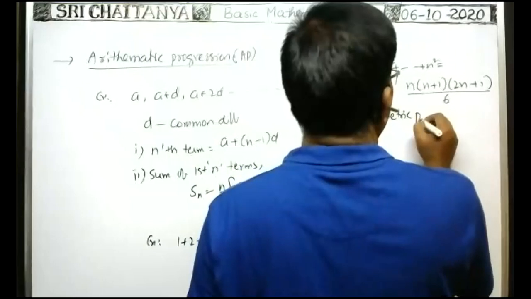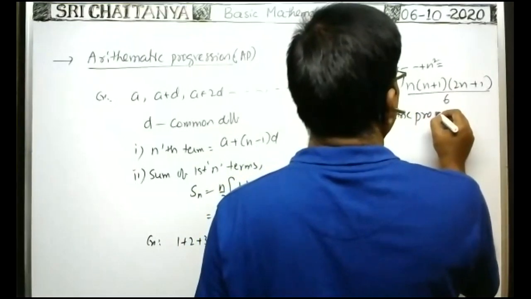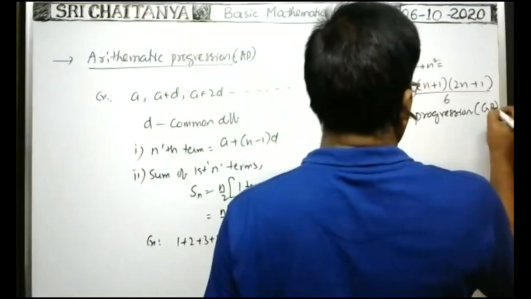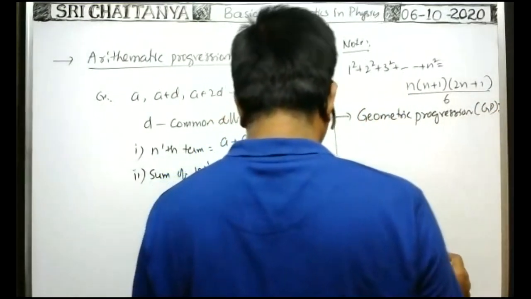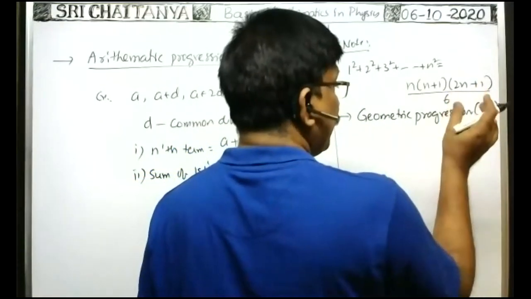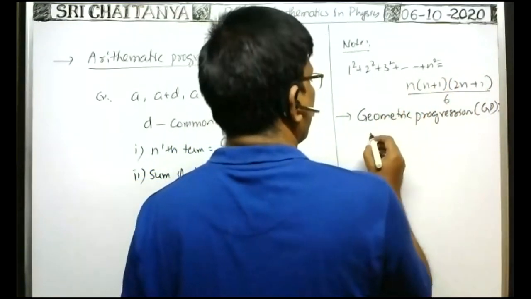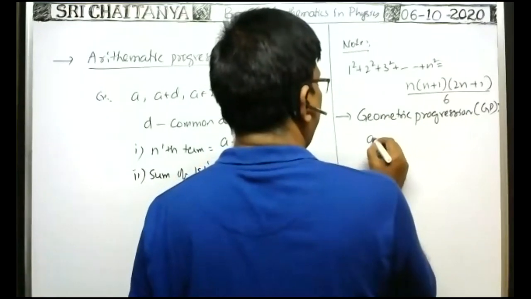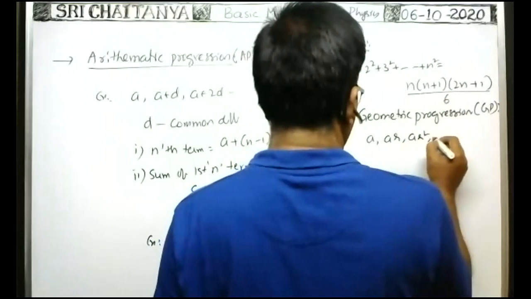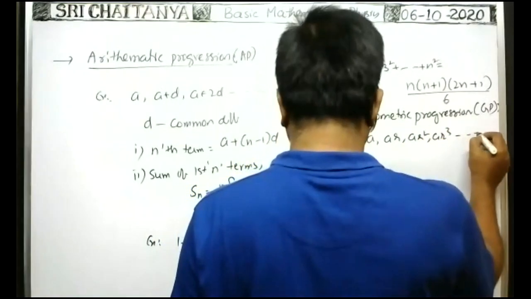Geometric progression means GP. Here, the ratio between any two adjacent terms is the same. Suppose a, AR, AR square, AR cube, and so on.